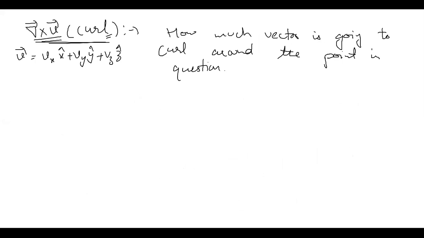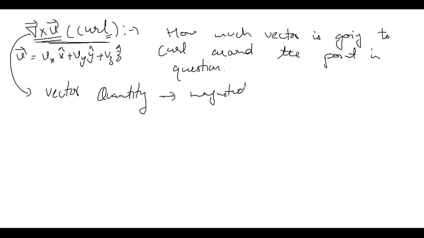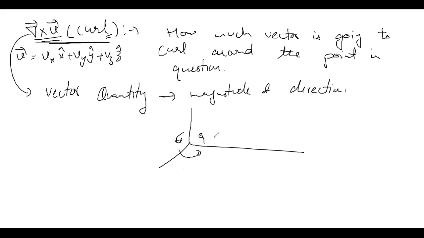Remember, if you calculate the cross product, your outcome would be a vector quantity, which basically means that it will have a magnitude and it will have a direction. In the previous figure that I showed you, let me draw that here itself. If I have a vector, and imagine again all the arrows to be of the same size.